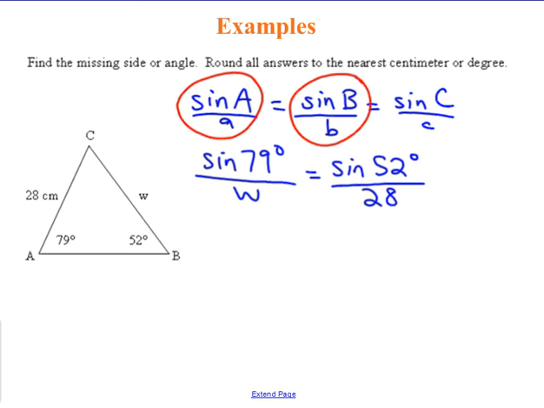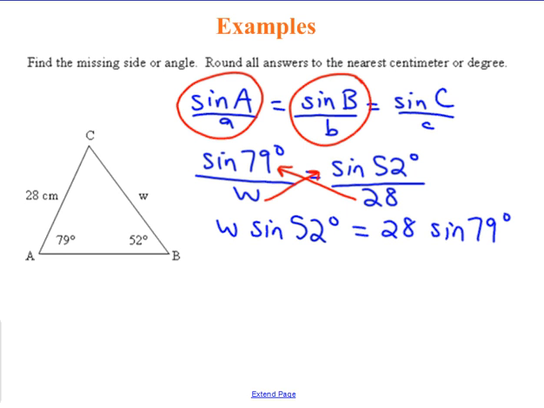Now, we have a good old proportion, and we always cross multiply to solve proportions. So we're going to cross multiply here. So we have W times the sine of 52. Then we're going to cross multiply 28 times sine 79 degrees. And notice that I'm putting the side lengths in front of the sines.